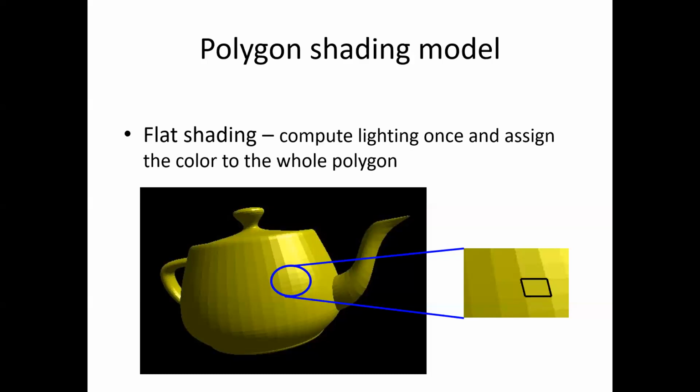Say over here the circle represents one group of a set of polygons, say 1, 2, 3, 4, 5, 6, 7, 8, 9, 10, 11, 12, 13, 14, 15, 16, roughly speaking 16 polygons. For every polygon only one surface normal is used.